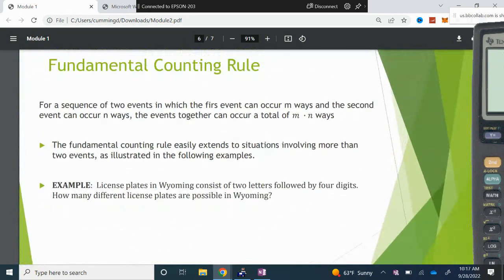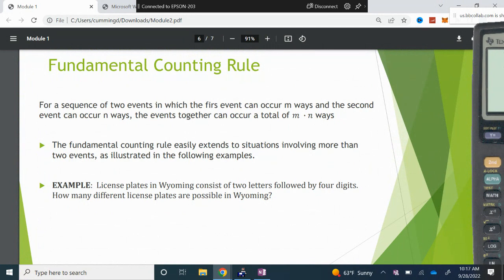All right, I want to talk about the fundamental counting rule. It says for a sequence of two or more events, like the stuff we just did, the first event can occur m ways.